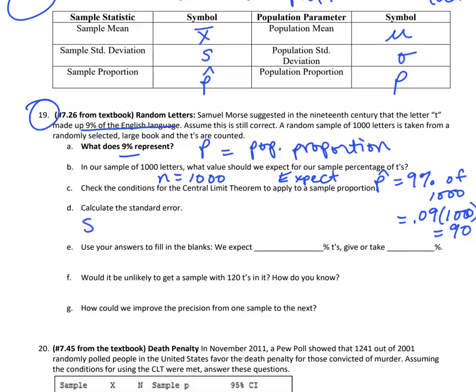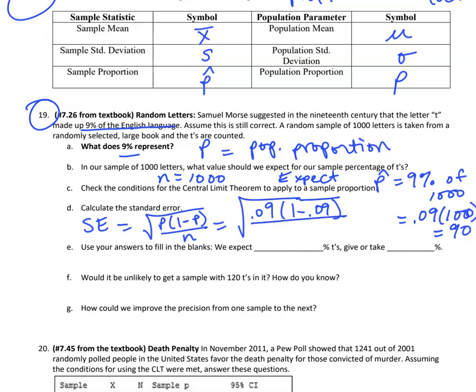Standard error, make sure you know the formula for standard error for a population proportion. That would be the square root of P times 1 minus P divided by N. If you know P, always use P. That's very important. This would be a good formula to put on your index card. So I'm going to use 0.09 for P. Make sure you use decimal, not percentage. 1 minus 0.09 divided by N, which was 1,000.